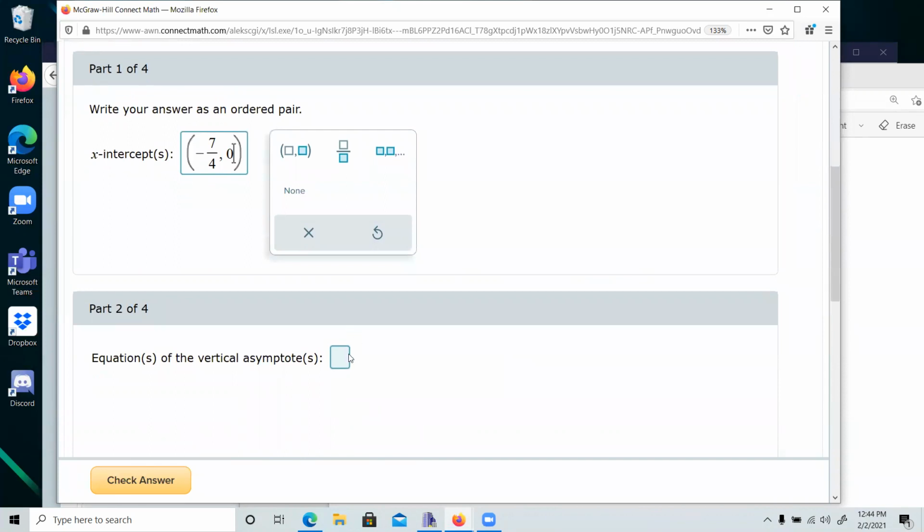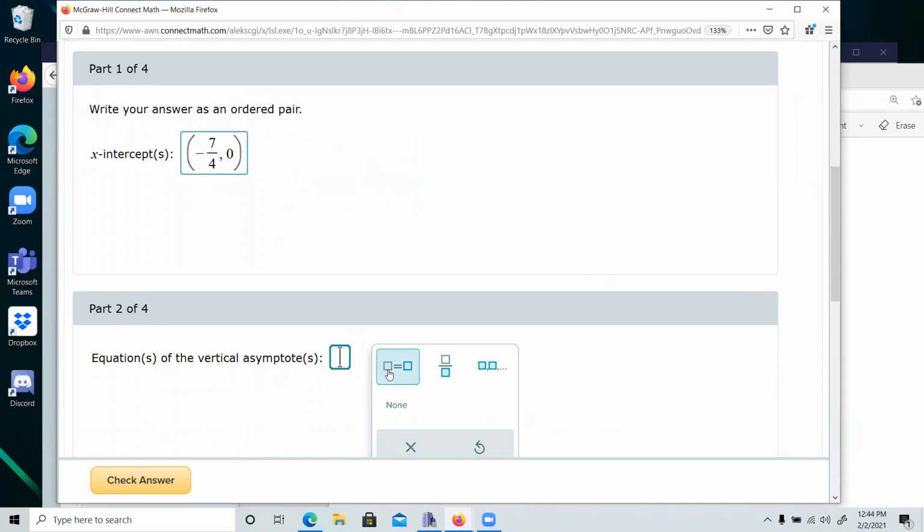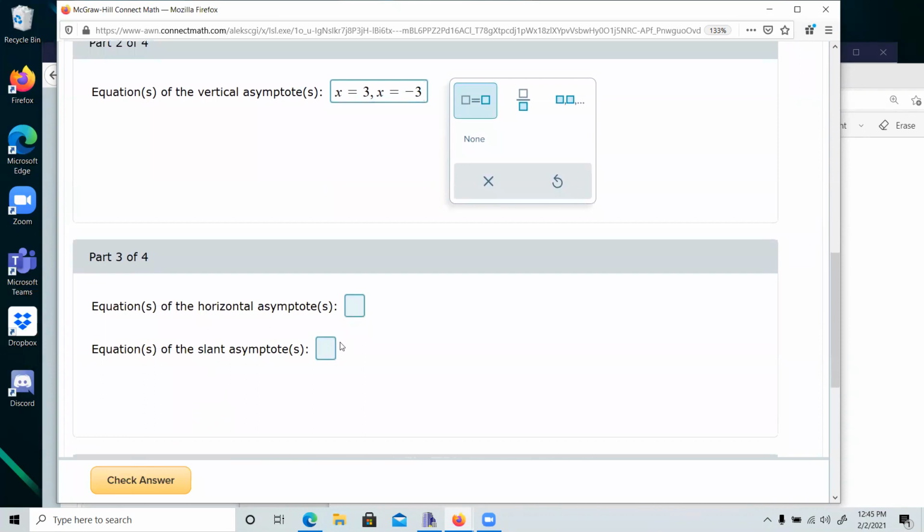Okay, the equations of our vertical asymptotes, we had two of them, right? We had x equals 3, but we also had x equals negative 3. Okay, so we have two of them. Okay, equation of our horizontal asymptote, we did not have a slant asymptote.